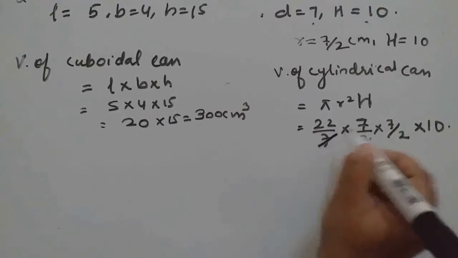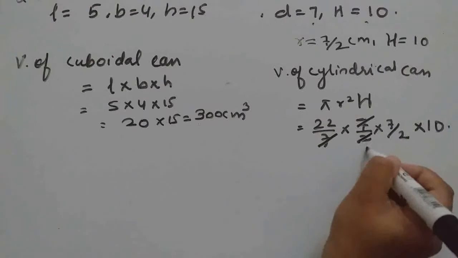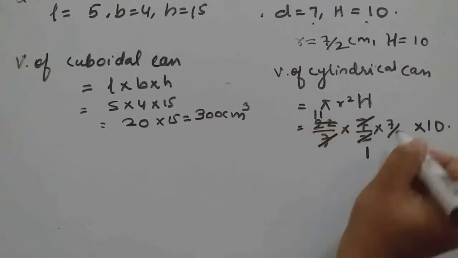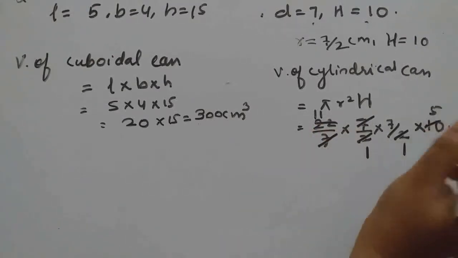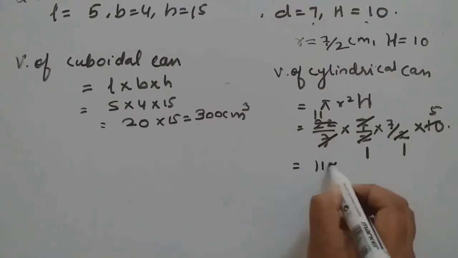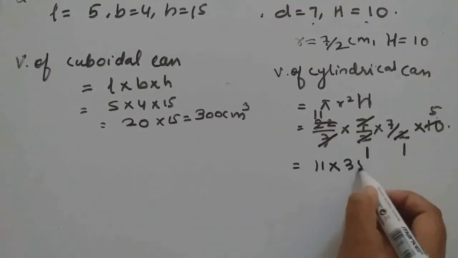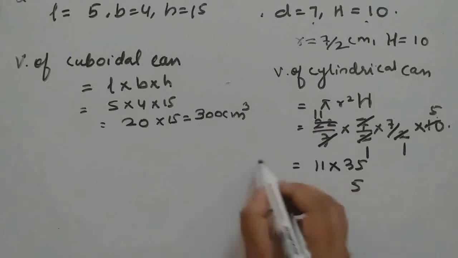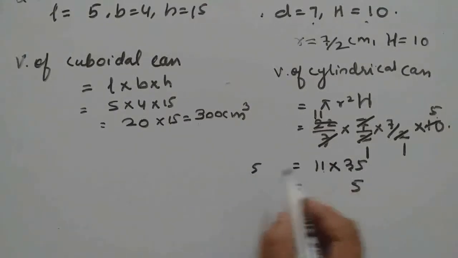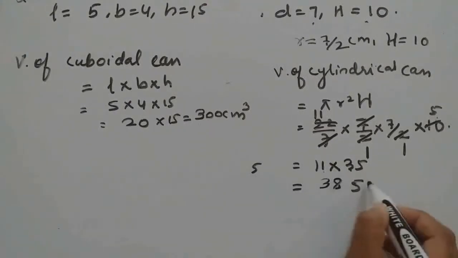Okay, so this 7 will go, 2 ones are, and then 2 with this 10, 5 will go. So 11 into 5 into 7 is 35. So 11 5s are 55, 11 3s are 33 and 5, 38.